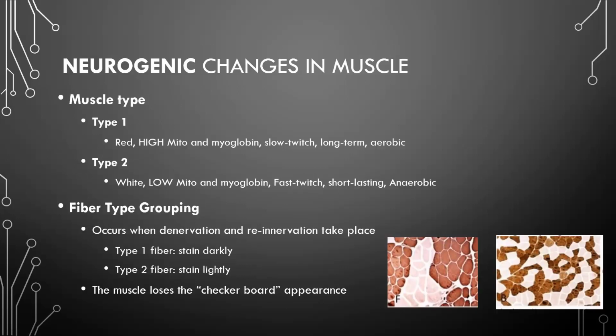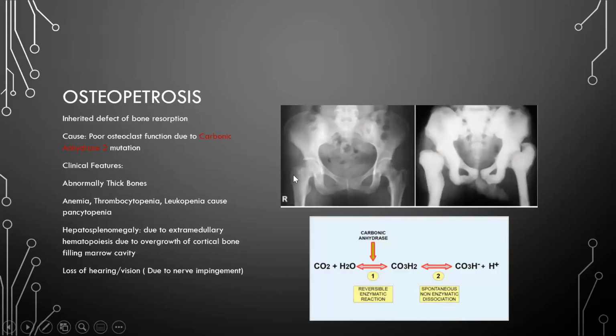Yep. All of them, or just... I would say it kind of depends. So the osteopetrosis, if you remember that one, it's the X-ray of the really bright bones. There it is. So this image right here is very characteristic of osteopetrosis, so I would definitely know that one.